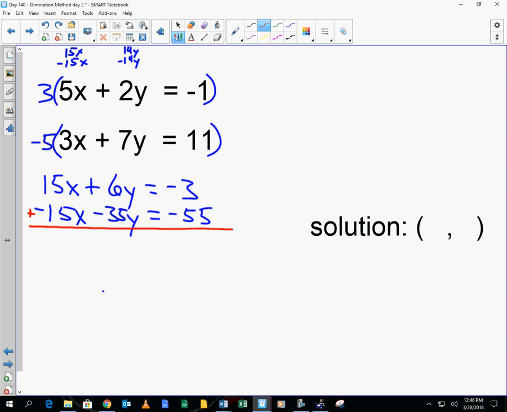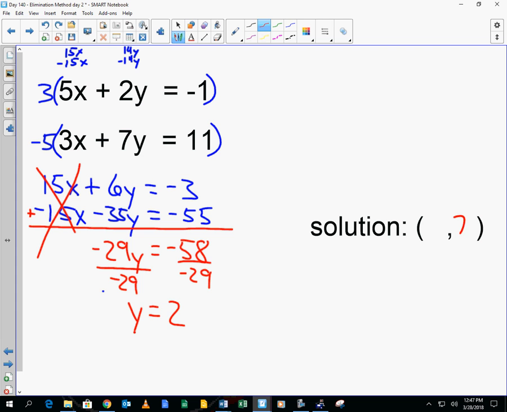What happens with the x's? 6y and negative 35y. Negative 29y. And then negative 3 and negative 55. Negative 58. What do I do? I get y is 2.